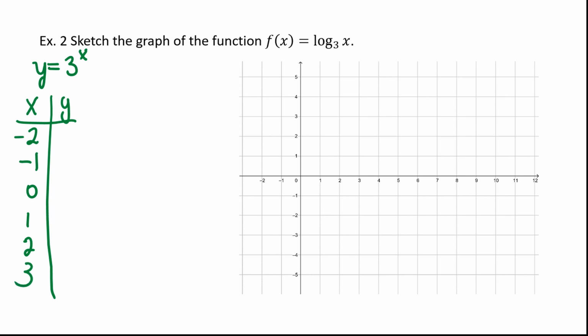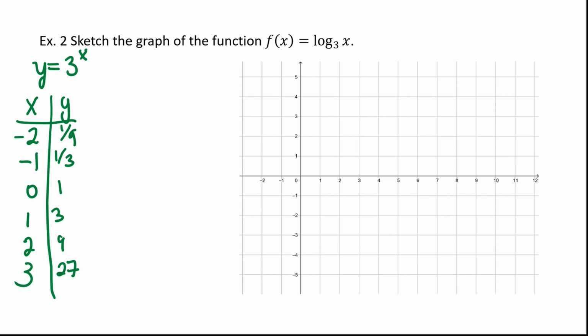Then we do 3 to the -2, which would be 1/9. 3 to the -1 is 1/3. 3 to the 0 is 1. 3 to the power of 1 is 3. 3 squared is 9. And 3 cubed is 27.